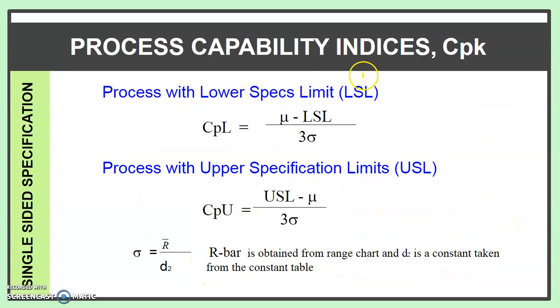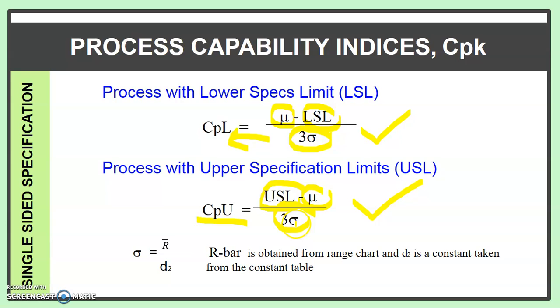This is the formula for CPL and CPU. How far the mean is to the lower limit divided by 3 sigma, we call CPL. How far your mean is to the upper limit divided by 3 sigma, we call CPU.